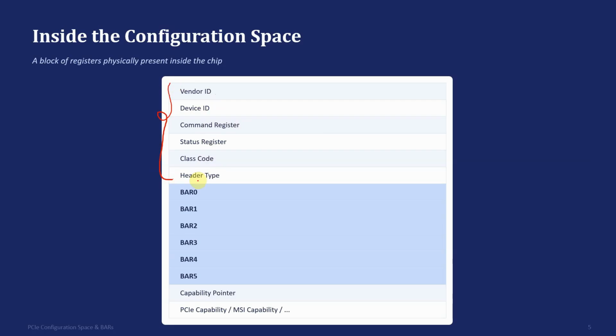First of all, we are going to focus more on this BAR, which stands for base address register. Then we will briefly see the other kinds of registers. But the main agenda and focus of this particular session is discussing the BAR register, which will be present inside your configuration space.